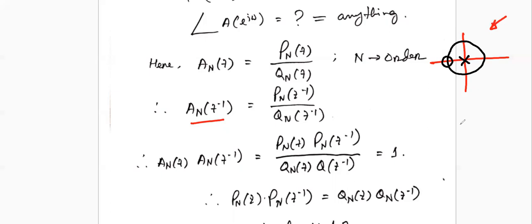Now, if we change the position of the zero to its inverse, that was at -1, now it is at 1. Since the pole at zero remains at 0, this represents a high pass filter.